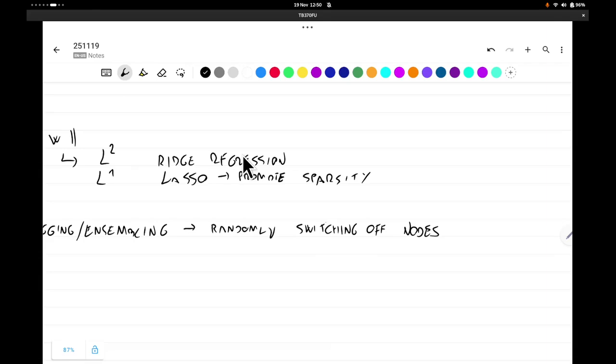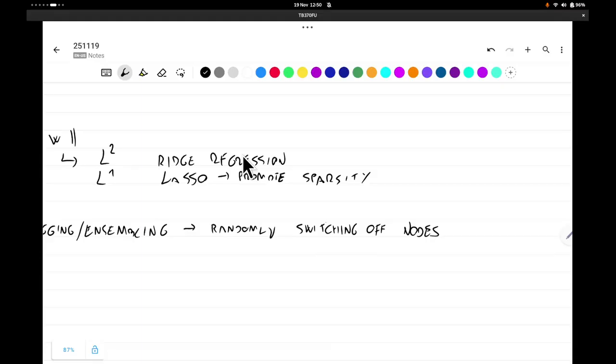And say for one specific training data or a mini batch, that node is dead. So randomly, 1 over 100 or whatever, so 1% of the nodes will be switched off. And then in the next mini batch, you change which nodes are switched off and on.